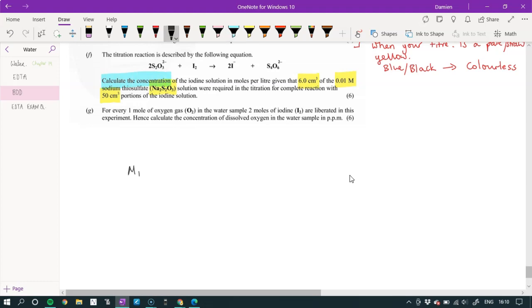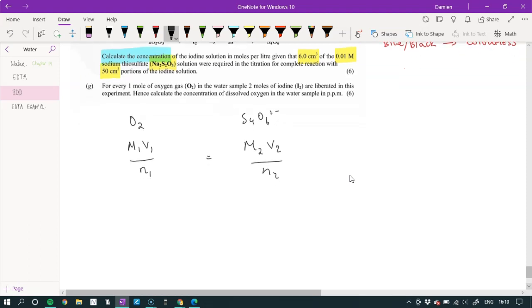We're going to go with M1V1 over N1 equals M2V2 over N2. We know straight away that if we're titrating the O2 against the S4O6 dinegative, then the ratio here is going to be 1:4. So N1 is equal to 1 and N2 is equal to 4, if you can remember that. Let's have a look at the molarity of the oxygen.